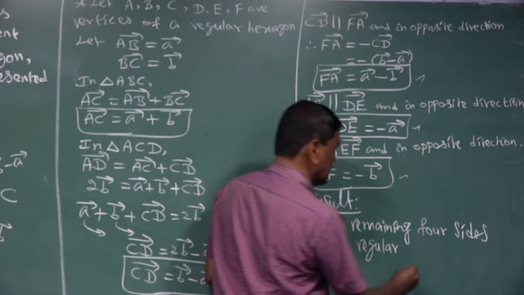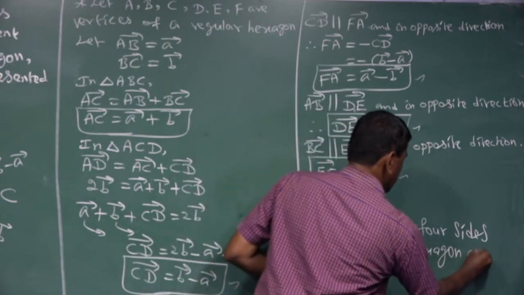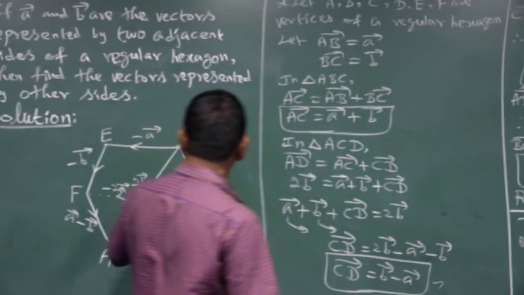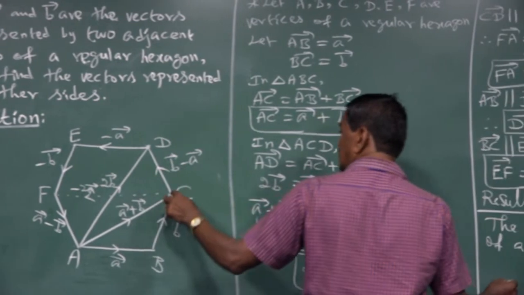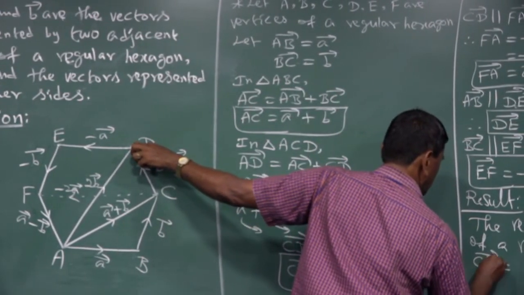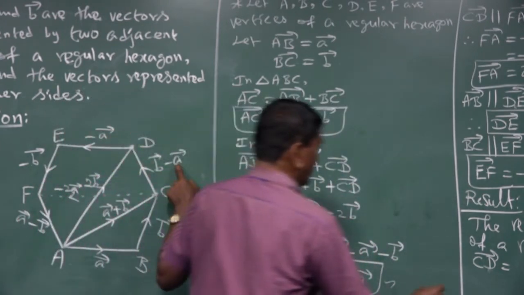Start from here. CD vector is equal to B vector minus A vector.